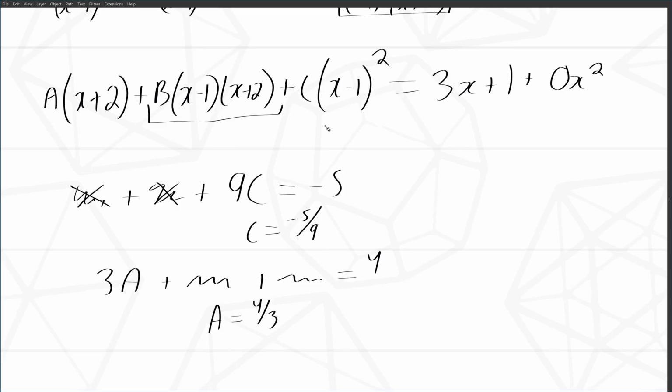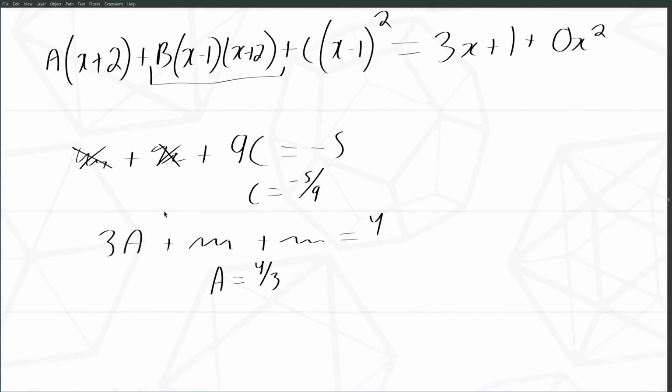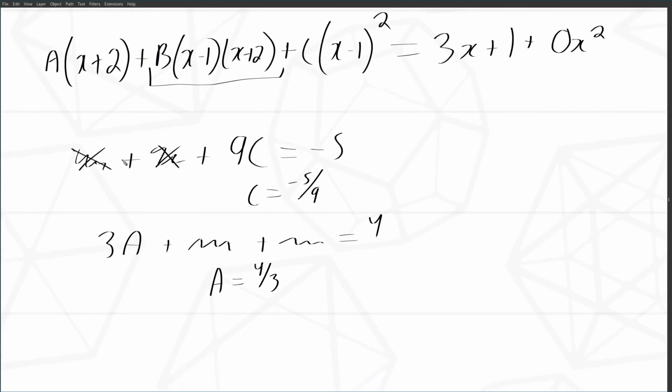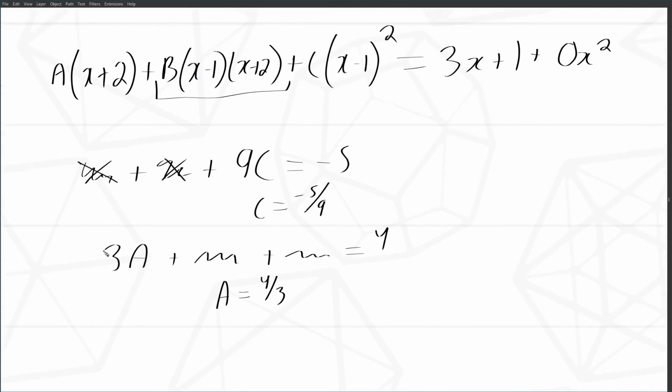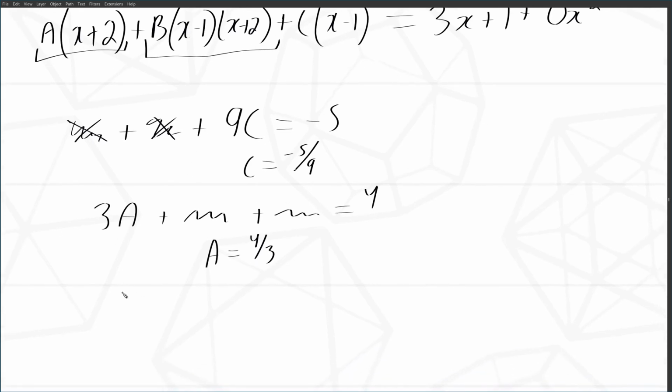Okay, so let's do just that. For the x squared term, we know that the guy on the left here is not going to be relevant since it only provides an x and a 2. The ones that would be relevant are b and the c.